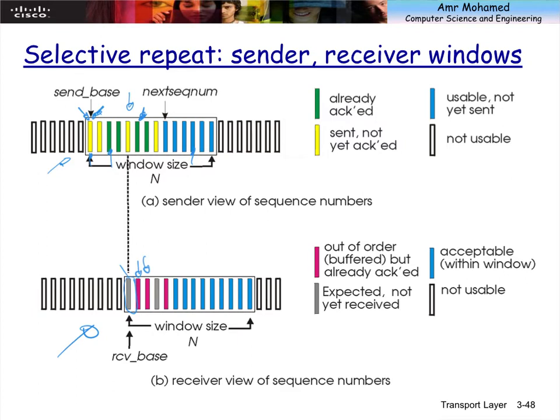واضح؟ So here you have a window of n, here you have a window of n, and again to answer the question of the minimum number of sequence numbers, you imagine the worst case when these two windows are concatenated كده.